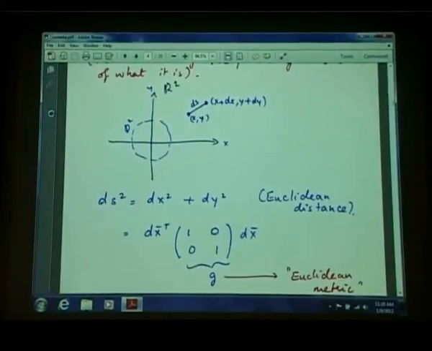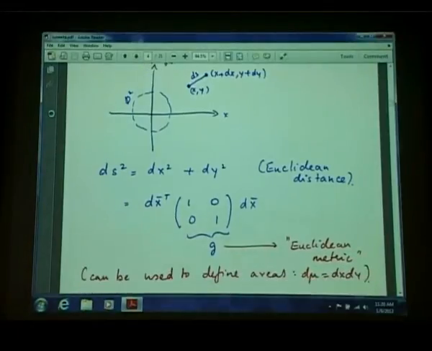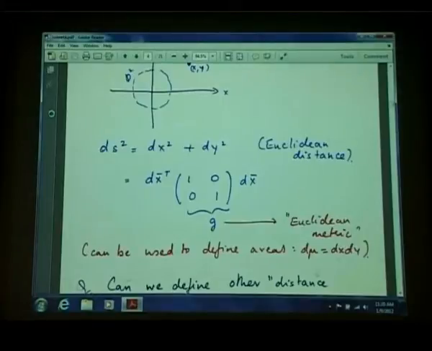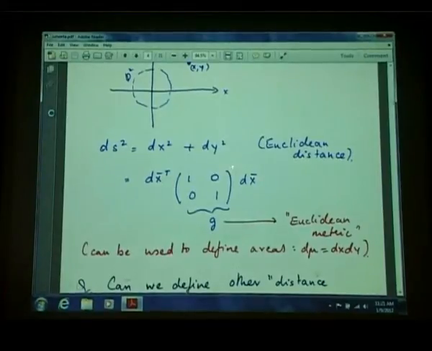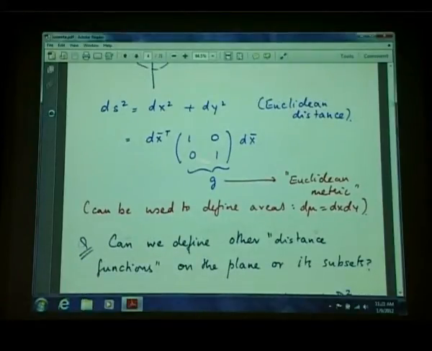If I label my plane by coordinates x, y, my infinitesimal distance between 2 points is ds, and ds² is dx² plus dy², which I can write in this form, where I have a column vector dx whose entries are dx and dy, and a matrix G, which is just the identity matrix, and this is the transpose of dx. I call G my Euclidean metric.